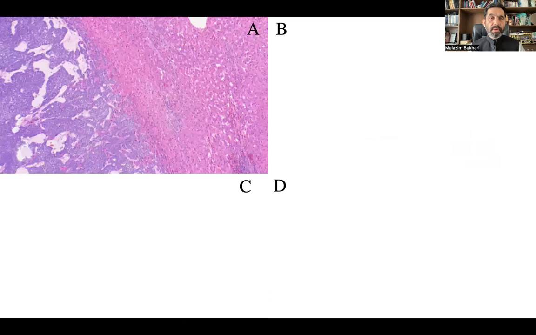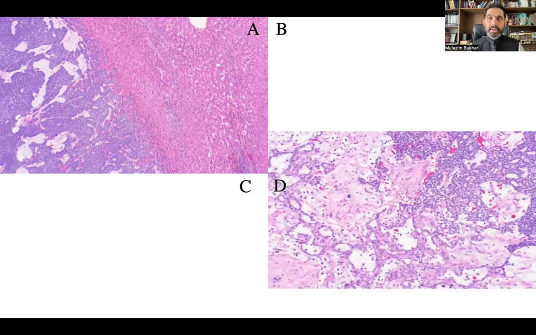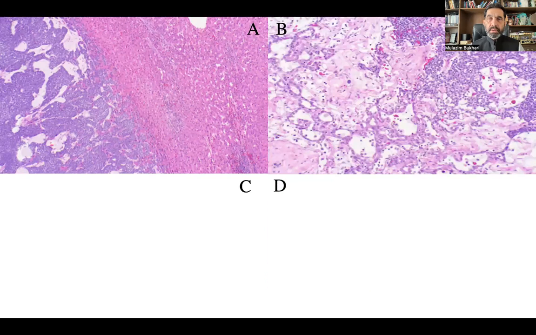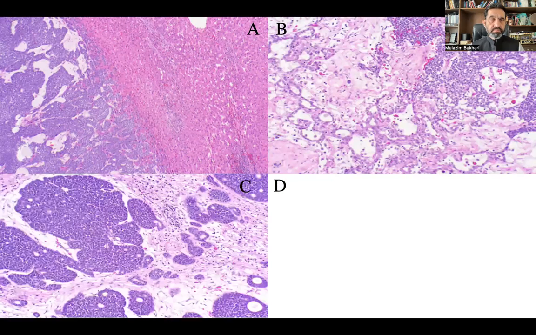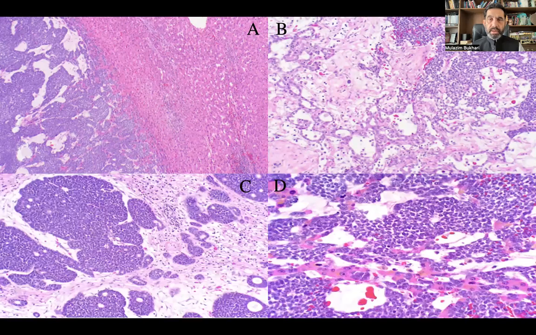On the left side, there is the liver. On the right side, there is a solid area with cysts and basaloid cells.